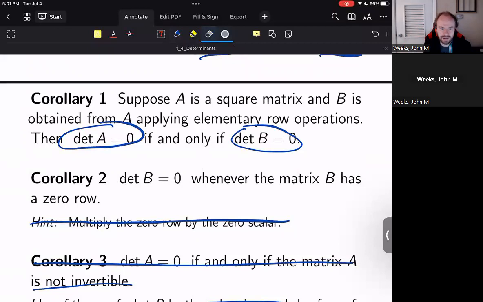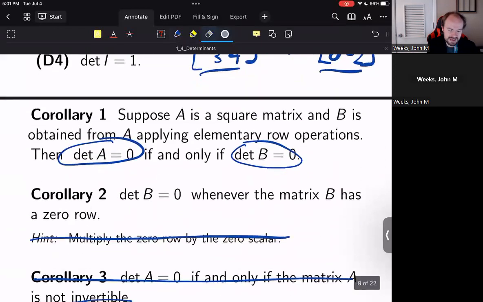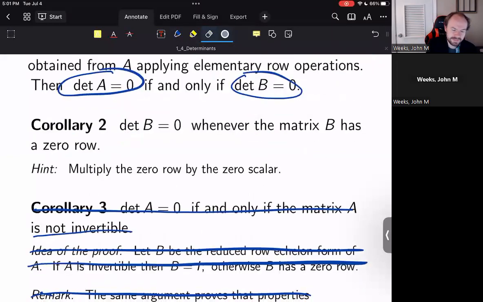And so because of that, if it has a 0 row, every term has a 0 as a factor. So it's going to be 0 all the way through. But we can also use our theorem, a neat little way to show this corollary. The proof idea, if you will, is to multiply the 0 row by the 0 scalar. That's just applying D2. Well, you're going to get the exact same matrix, and hence you're going to keep having 0 there.